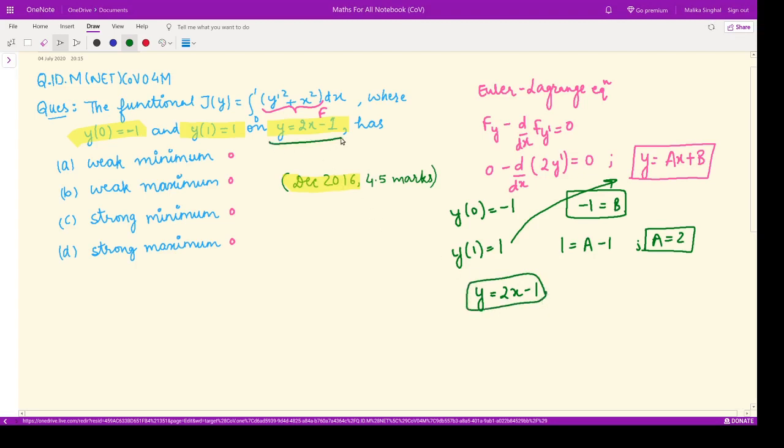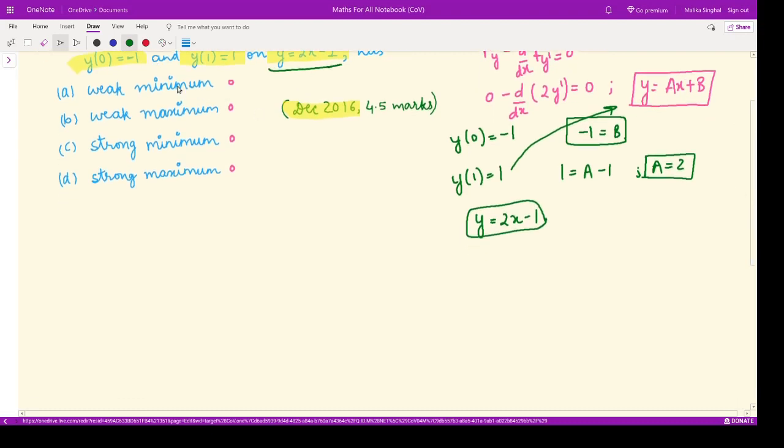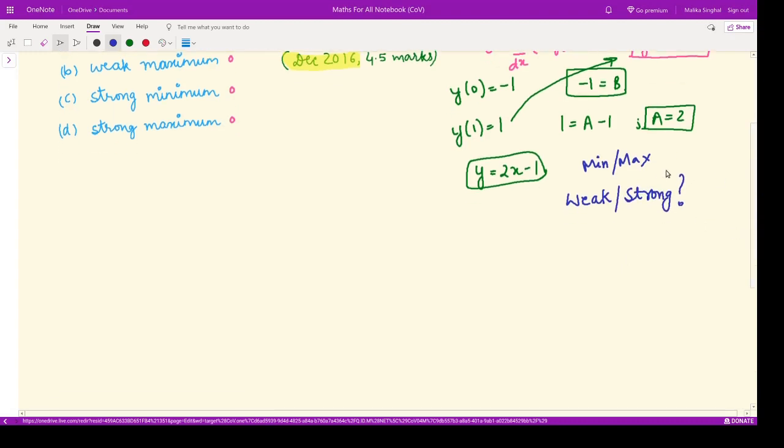So our next task is to determine whether this functional is a minimum or maximum, and another thing, whether this is a weak or strong minimum or maximum, right? So what should we do to see whether it is a minima or maxima, or weak or strong?